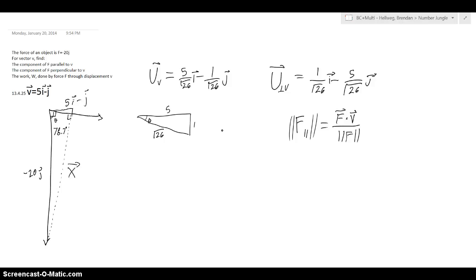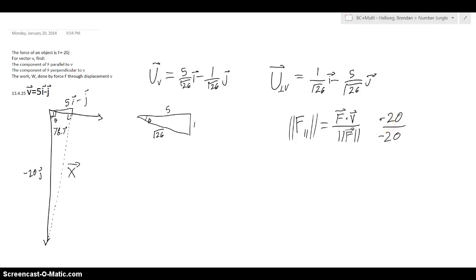Now that we have the unit vectors, the next step is to assign magnitude to them. So let's start with F parallel. We know that F parallel is going to equal the vector F dot vector V, all over the magnitude of vector V. In this case, vector F dot vector V will end up with just 20, and then that will be 20 over the magnitude, which is also 20.